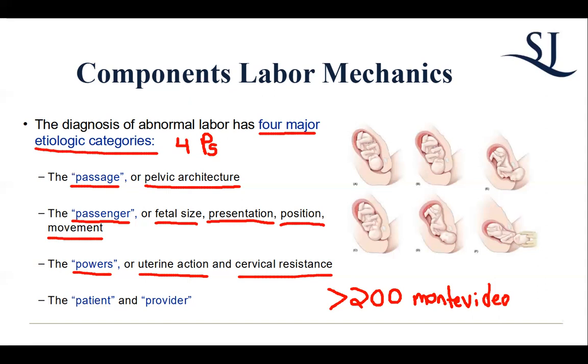It could be that you just don't have an IUPC in, so you just know the frequency for whatever reason, because this has to apply nationally, so they may not have it. Or you have 6 hours where you're trying to get greater than 200 Montevideo units and you don't manage it, so it's inadequate, but then they give 6 hours. So that's a definition you should know, but that's going to come up on the slides.